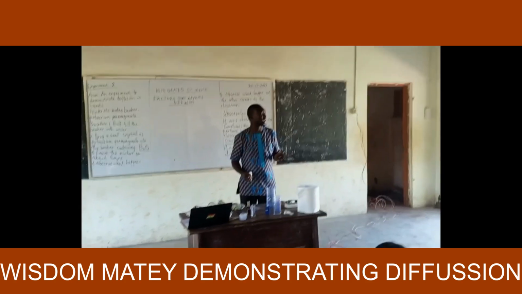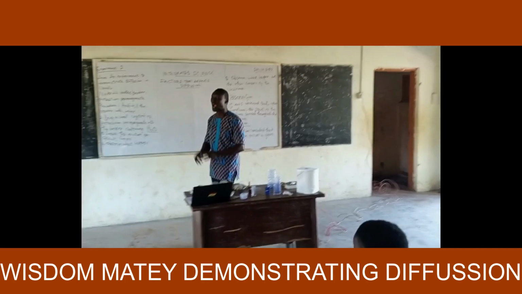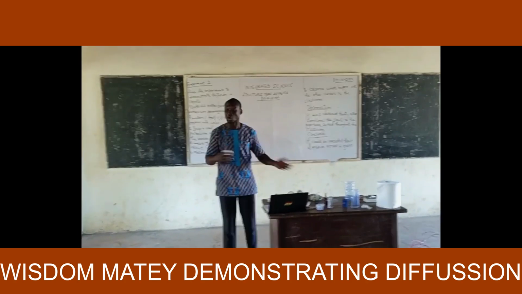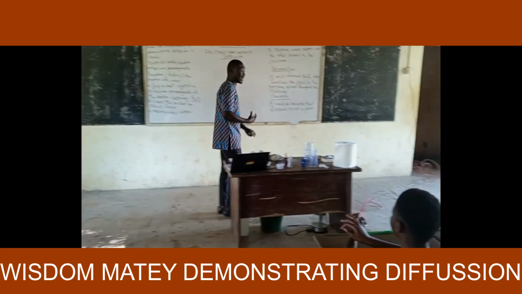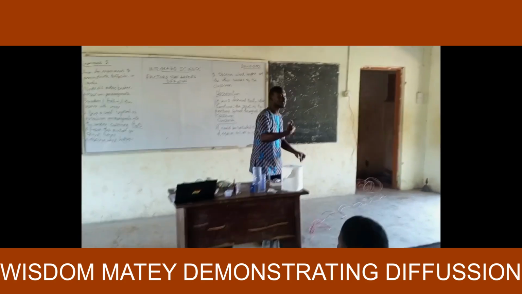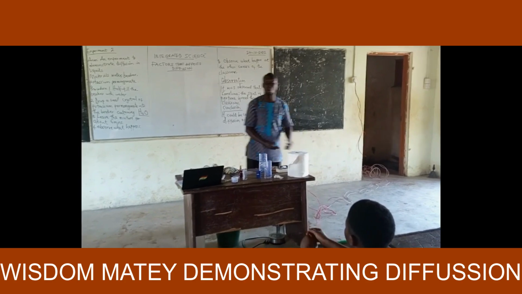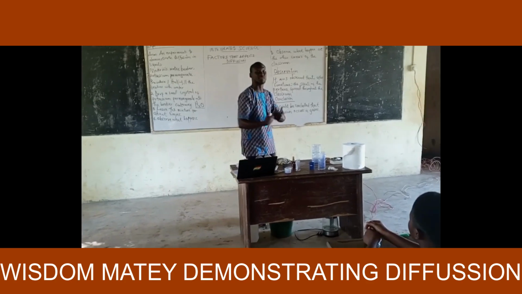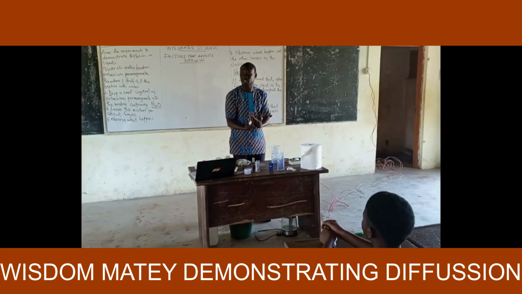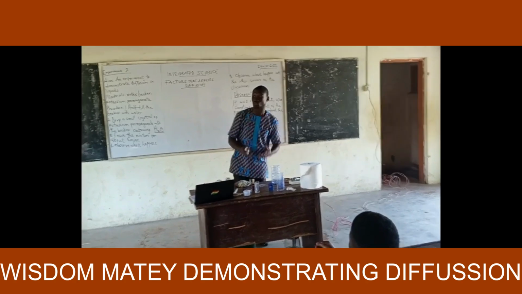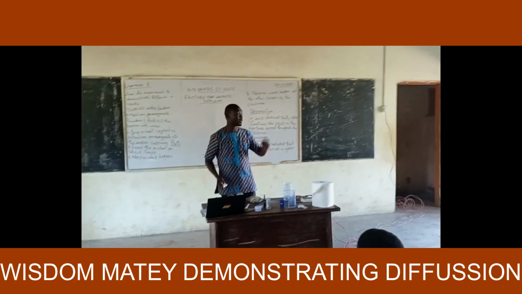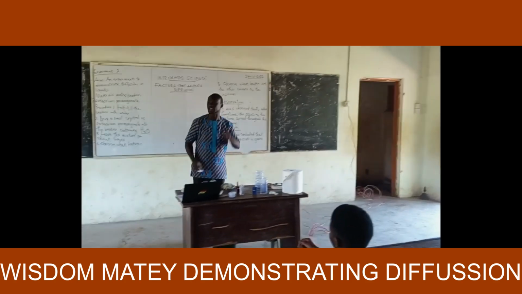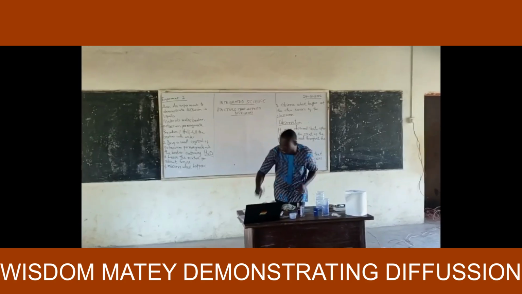The things that affect diffusion either positively or negatively. Things that aid diffusion to occur faster or at a lower rate. Anything that helps diffusion to occur is what we call the factors. Now, the first one we're going to look at is the state of matter.